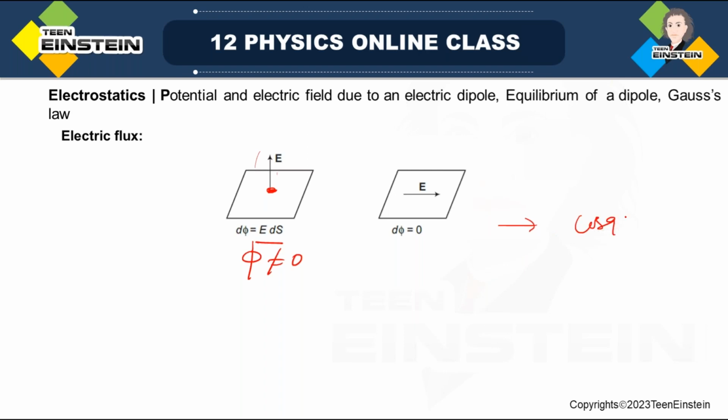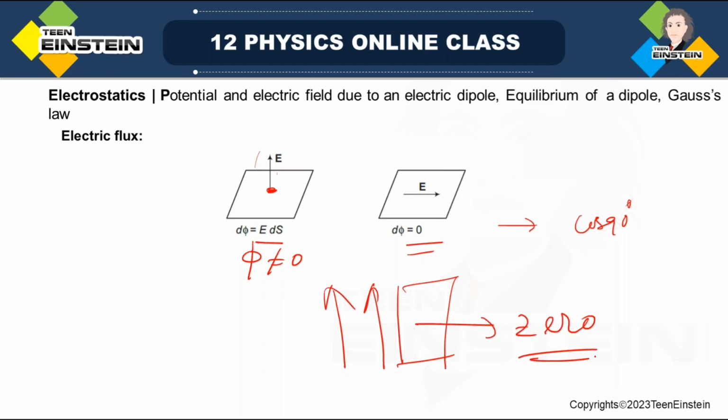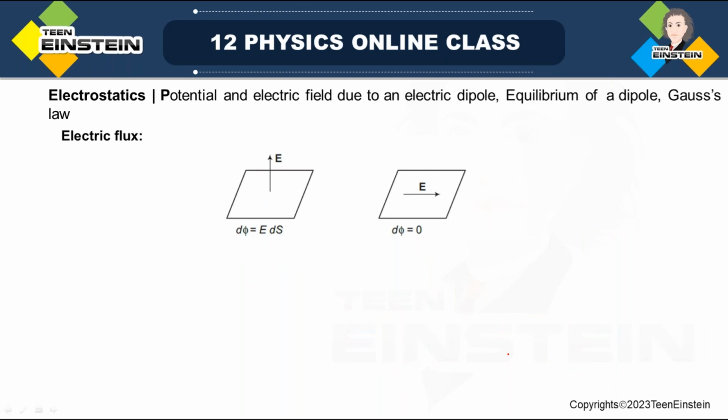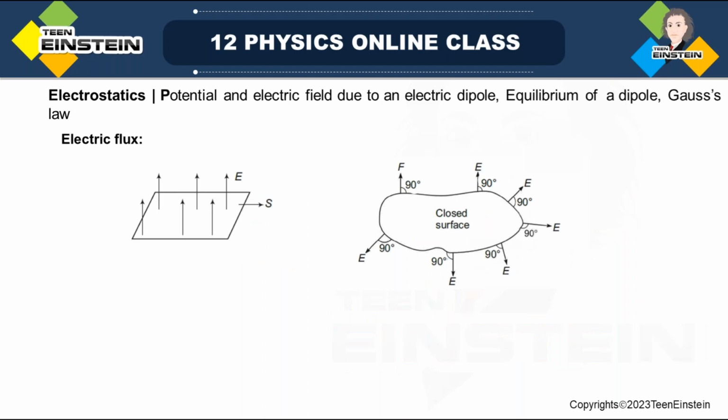So cos 90 is 0, so flux will be 0. Suppose I have a surface like this, and the electric field lines are going like this. What is the flux through it? That is 0. So this is what I am trying to show in these two figures.